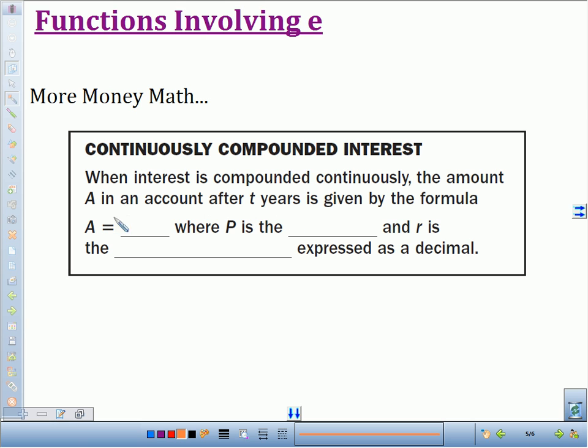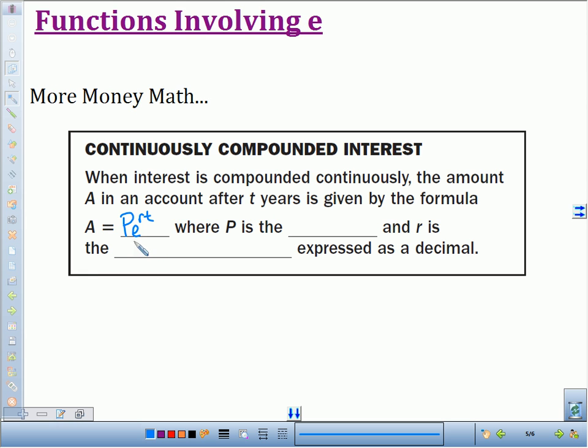And the formula that it's given by is P for principal, e to the RT. So we still have P, we still have R, we still have T. The value we're missing is N, right? That N, that number of times per year that interest is accrued, is not there because interest is continuously being compounded.